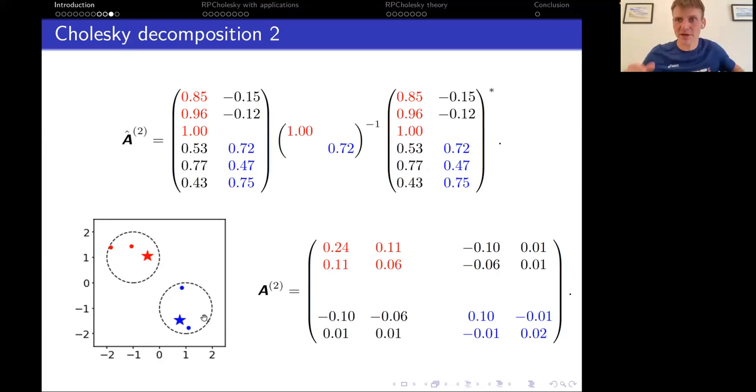I'm really heavily implying you want some data point in the blue cluster, because then you've got a rank 2 approximation using the 3rd column and the 4th column, and the residuals are just really small. In the trace norm, the residual is nearly 0. So you're doing a very good job of approximating the matrix in the trace norm.